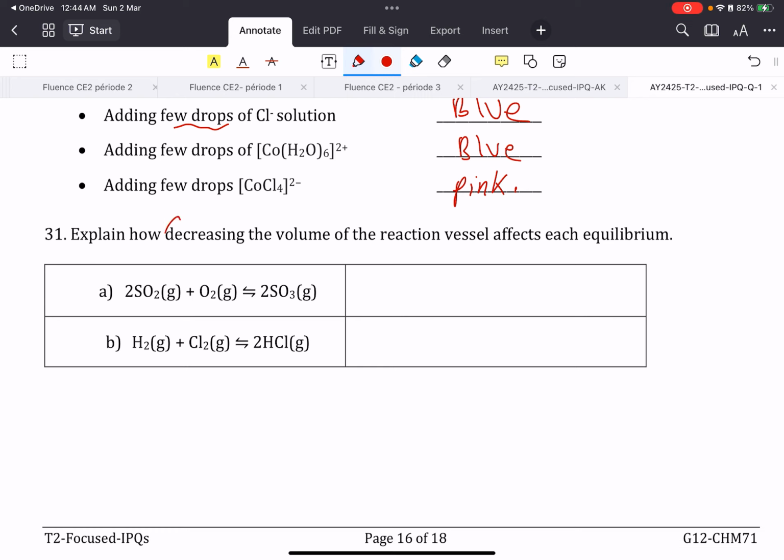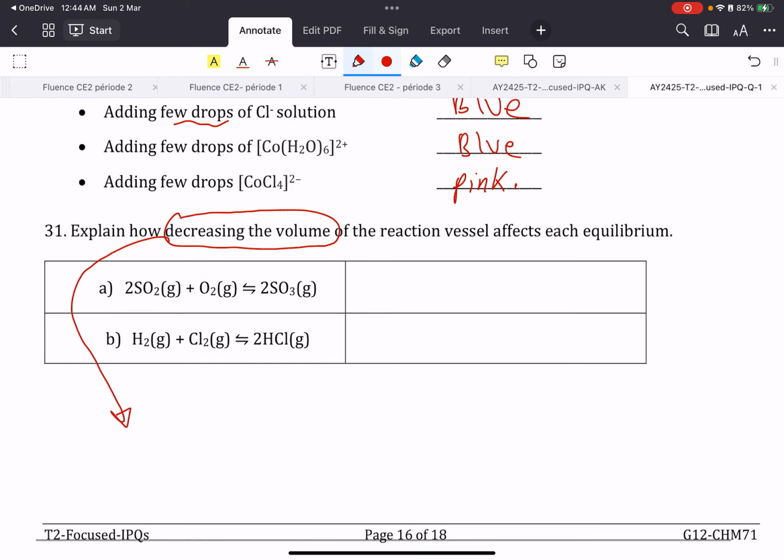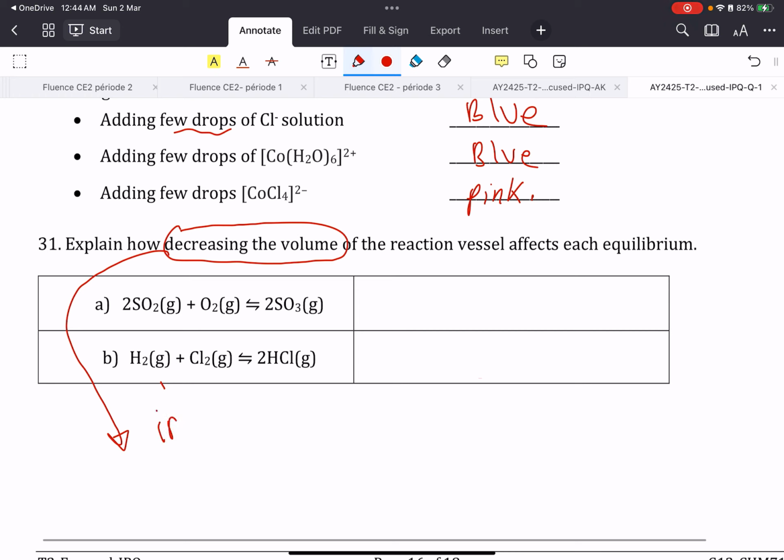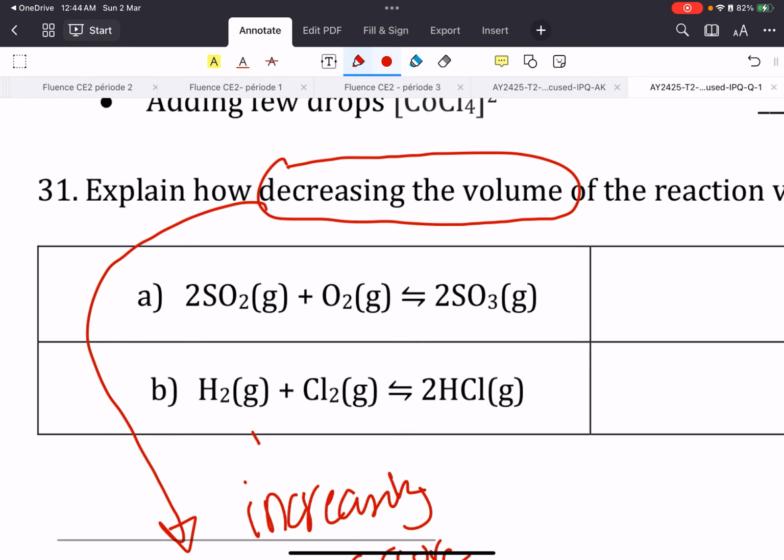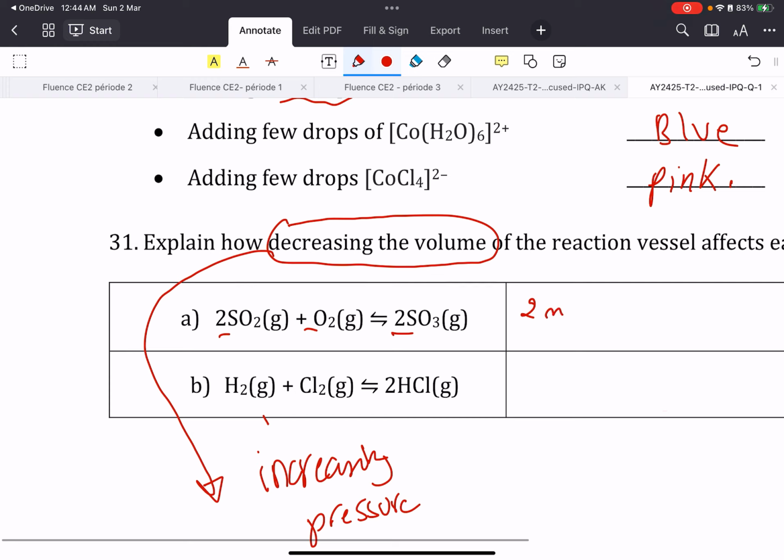How about decreasing the volume? Immediately when you read the words decreasing the volume, directly in your head convert it to increasing pressure. And whenever they give you questions of volume and pressure, you need to count the moles in the equation. So I have 2 versus 3. And here I have 2 versus 2.